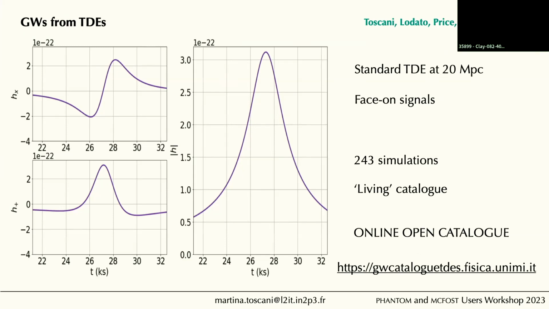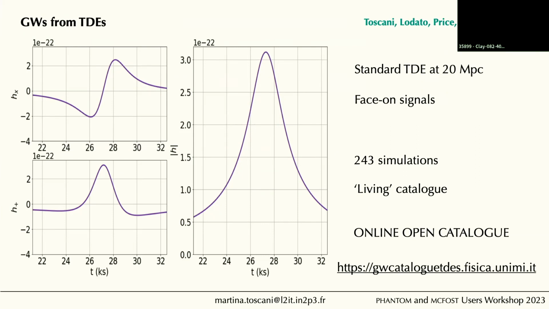So when we got these results, we were quite happy, because the signal we got was in good agreement with the analytical estimates, both for the peak of the amplitude, but also for the duration of the signal.